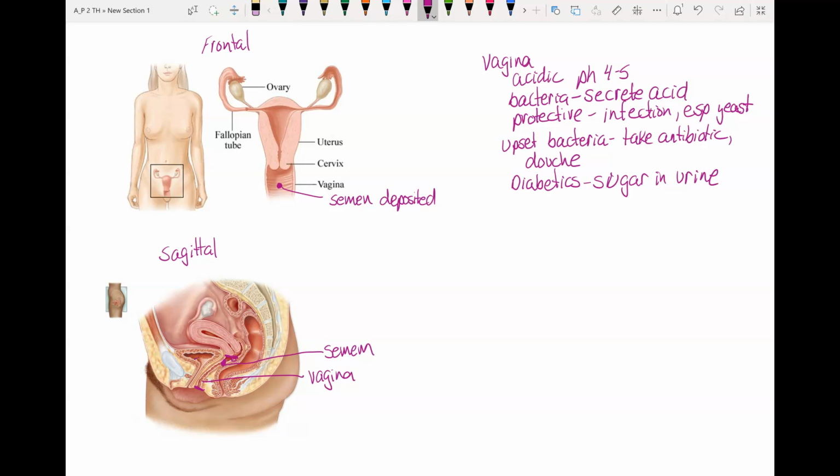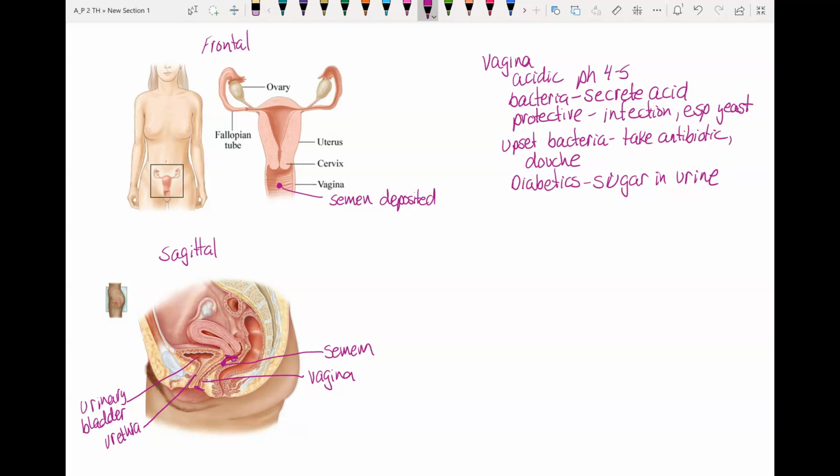So here is the urinary bladder. And here is the urethra where the urine exits. So they are separate.